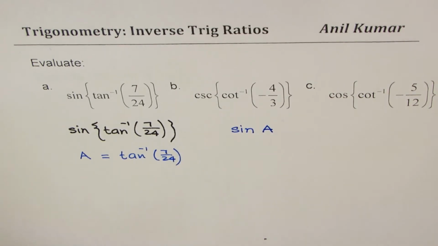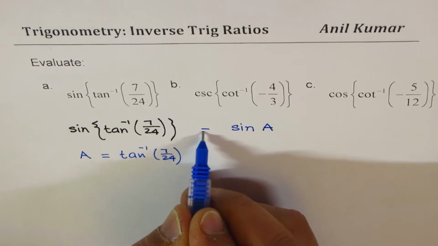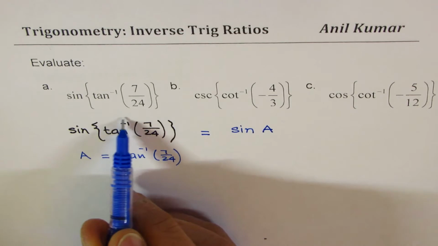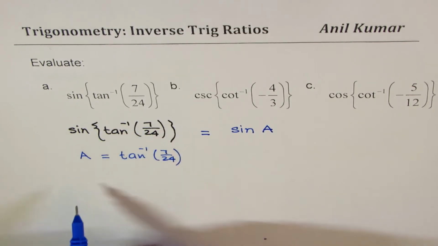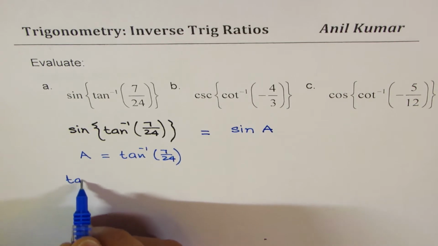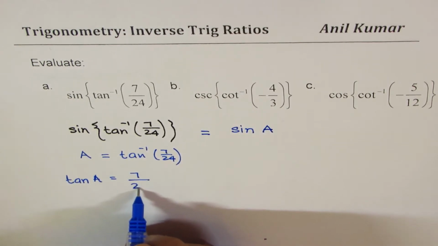Is that clear? So I could write this as sine A, where A is tan inverse 7/24. So I could write this now as tan A equals 7/24, correct?